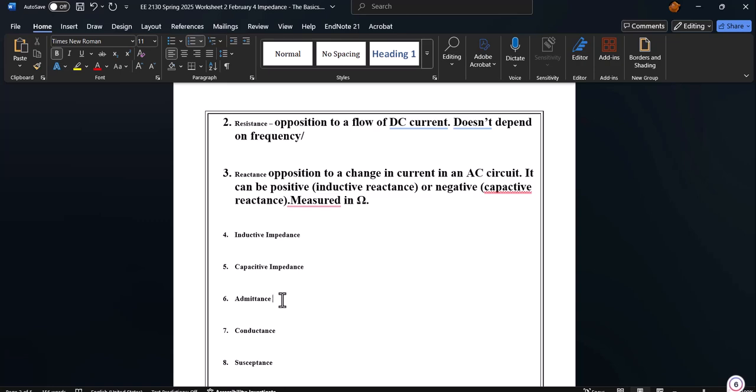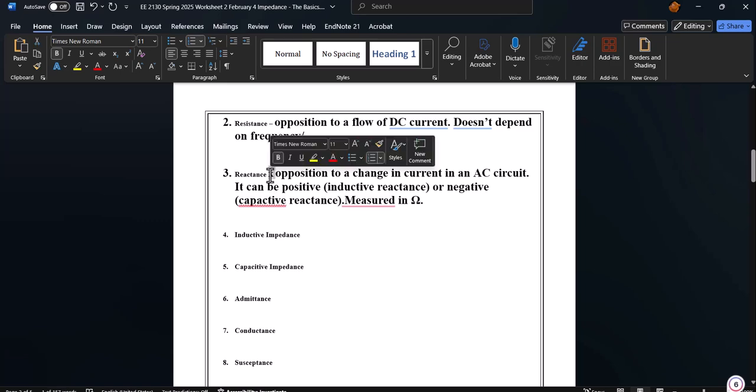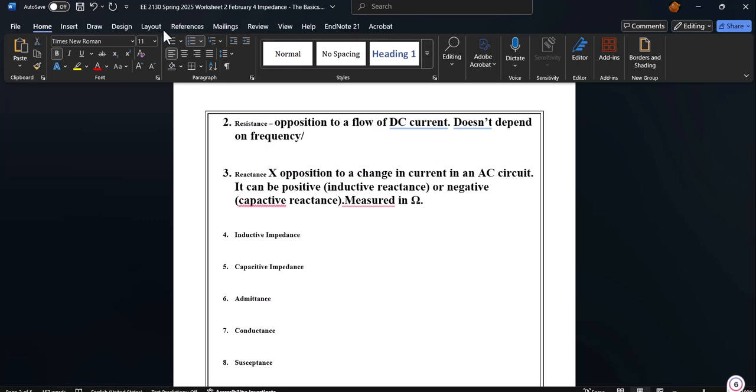And then admittance, the last three are reciprocals of the first ones. So, by the way, reactance, the symbol for that is a capital X. So admittance, the symbol for admittance is a capital Y. And it's the opposite of impedance, or not opposite, inverse of impedance.